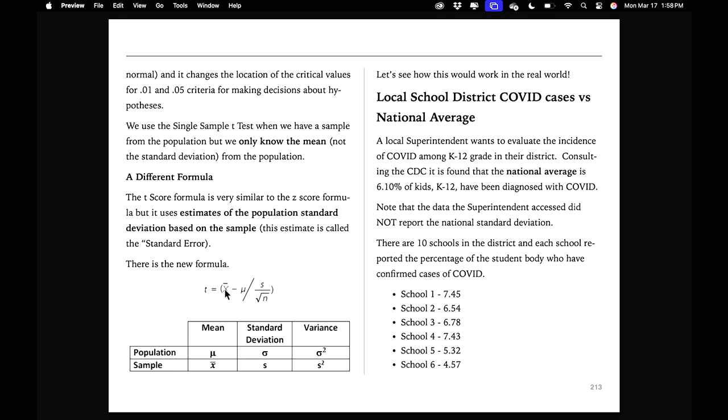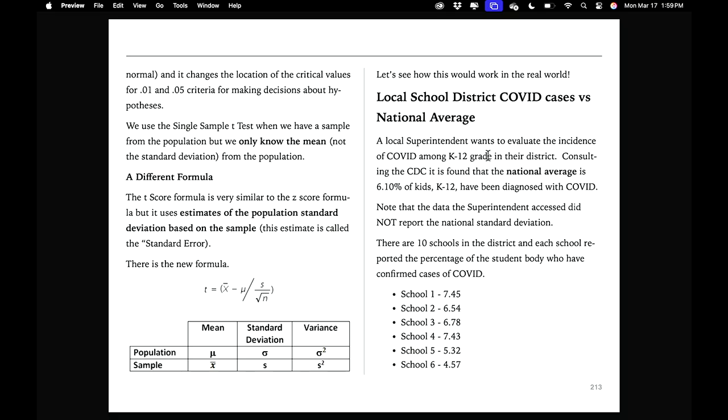Just take that little line away and it's not the average, just the score, minus the mean that we know of the population, divided by what is called the standard error. This is the sample standard deviation divided by the square root of the sample size. So this formula is the t-score, which is just like a z-score, but for when we don't know the standard deviation in the population.